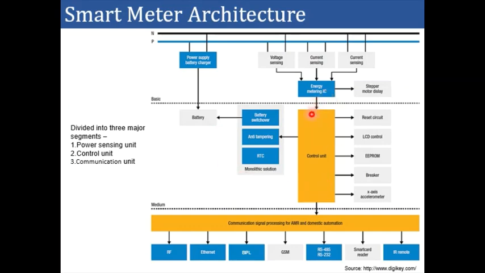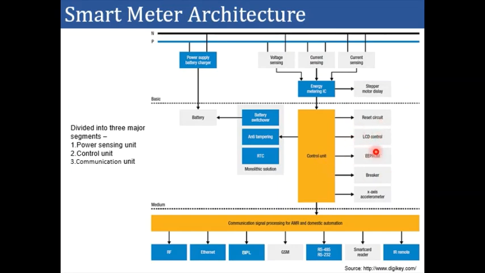So in control block you will see there is one control unit which will process this information, and then the various applications are realized. Say if you want to break the circuit, then the processor which is there in the control unit will sense the condition of disconnect, and it will send signal to the breaker unit to disconnect the meter.